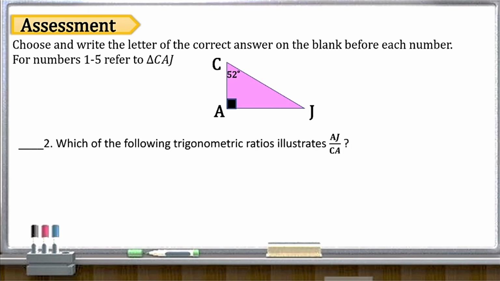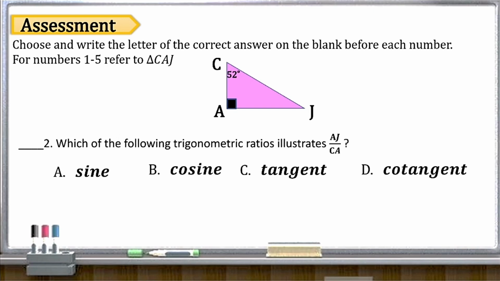Next, number 2, which of the following trigonometric ratios illustrate AJ over CA? Letter A, sine. Letter B, cosine. Letter C, tangent. And letter D, cotangent.